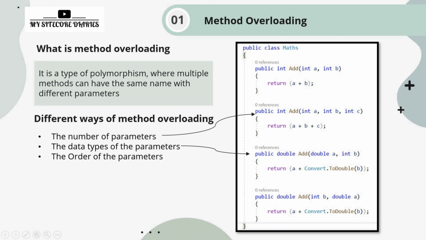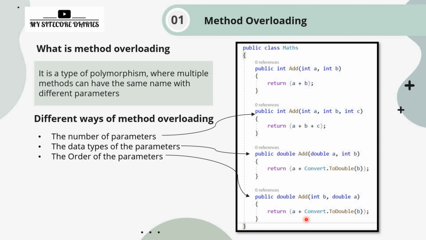Then data type. In this third method, add, the name is the same, but the parameter data type differs. In the first method it is integer a, whereas in the third method you will see double a. So the data type is different. Then third is the order of the parameters.